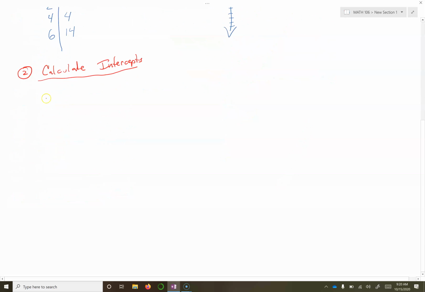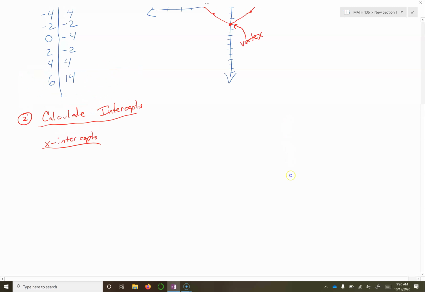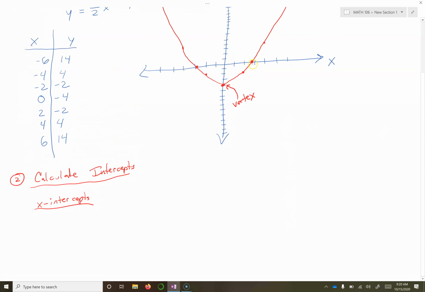Okay, so for x-intercepts, we want to figure out where we're crossing the x-axis. What would be the y-coordinate of an x-axis intercept? Like, even look at the graph up here. Like right here, what's the y-coordinate? Isn't it 0? Right?